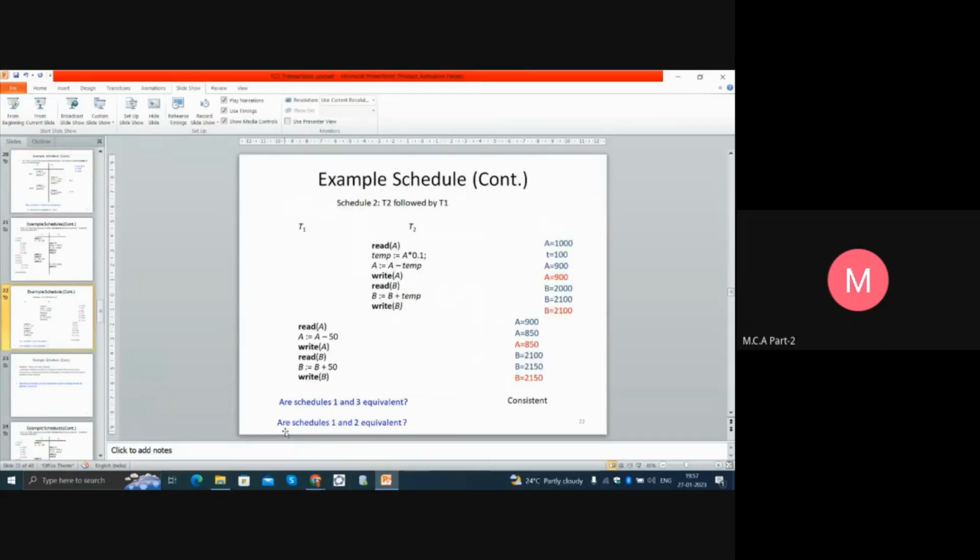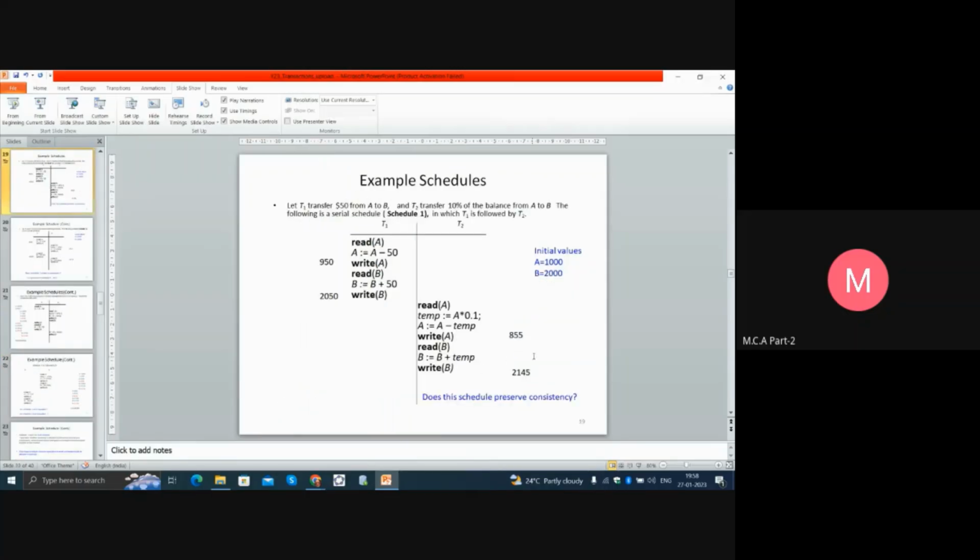The next question was, are schedules 1 and 2 equivalent? This is schedule 2, which is T2 followed by T1, and we get values of A equals 850 and B equals 2150. In schedule 1, we had values of 855 and 2145.